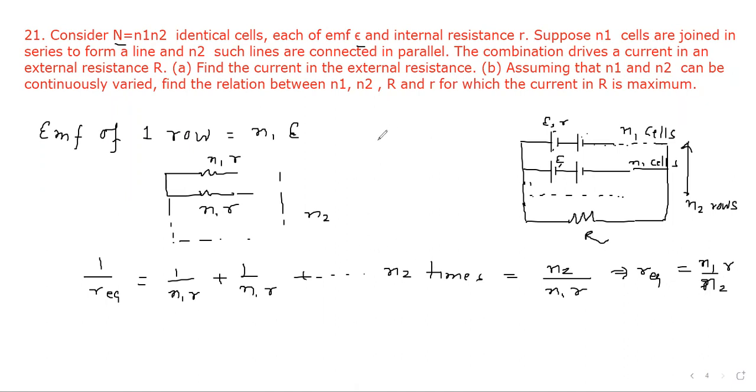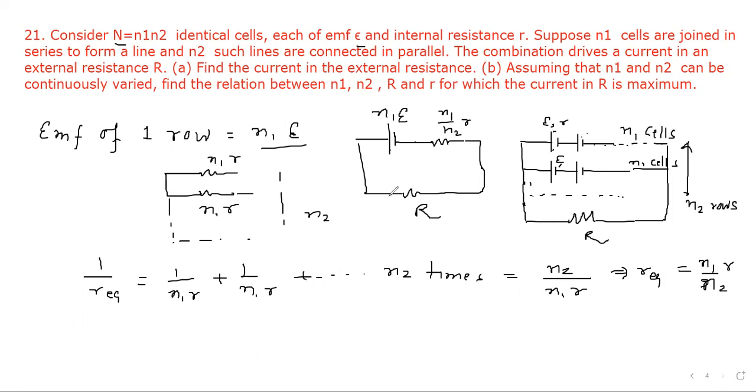So the equivalent circuit, we can write: suppose all cells are replaced by one cell of value N1E as we have calculated here, and the total resistance of all cells is replaced by N1 upon N2 small r, which is in series with a resistance capital R.